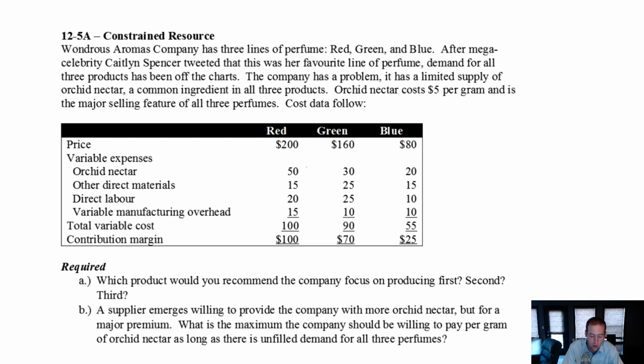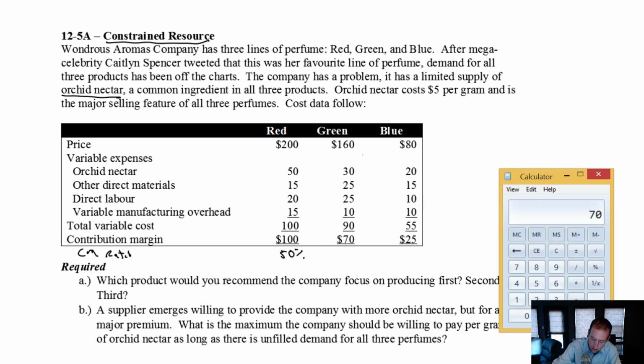So our challenge is, if we have a limited or constrained resource, which we do here, we have a limited amount of orchid nectar, we don't want to make the most profit per unit. That's generally a good goal, right? A highest contribution margin per unit would be something desirable, or even the highest contribution margin ratio, CM ratio, which is 100 divided by 200, CM divided by sales. 100 divided by 200 is 50%, 0.5. 70 divided by 160 is 43.75%.